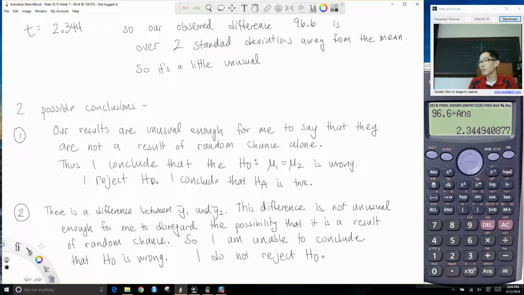Or just as legitimately, you can say, well, it happens. The results I get can happen by random chance between 4 to 5% of the time. I'm not ready to say that what I got wasn't a result of random chance. So I have to say I'm not ready to conclude that toluene affects norepinephrine concentration.